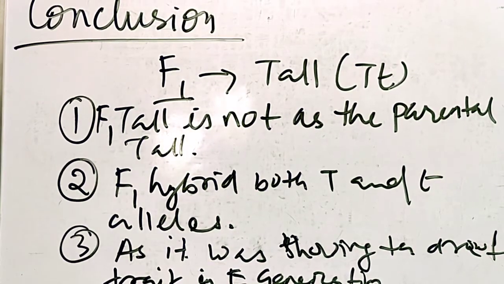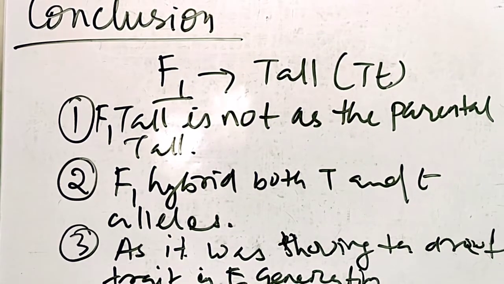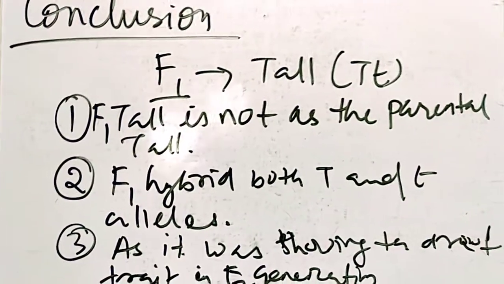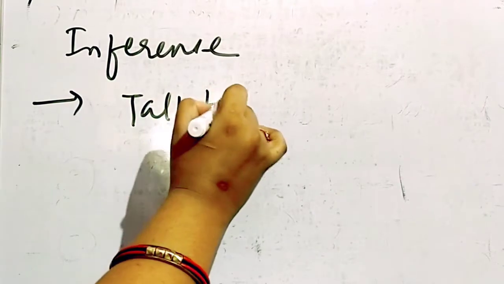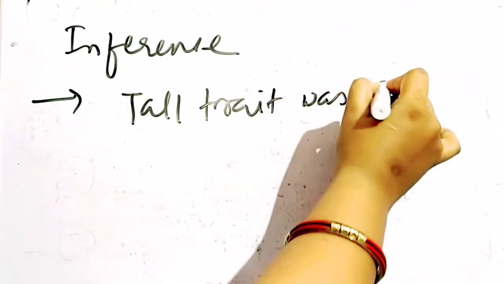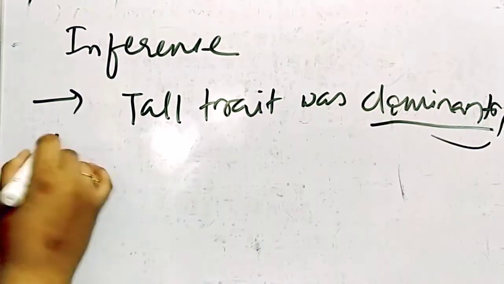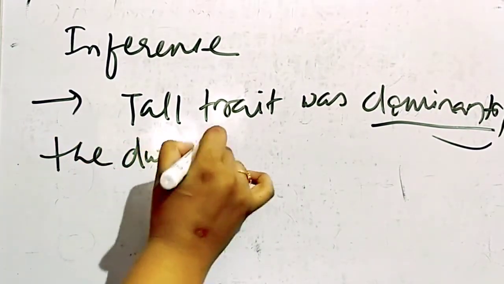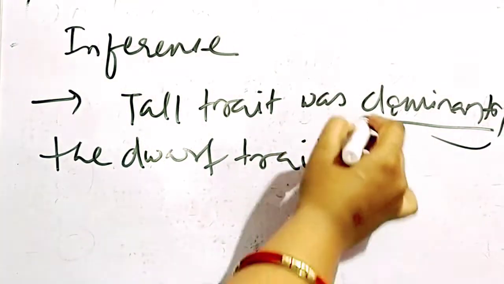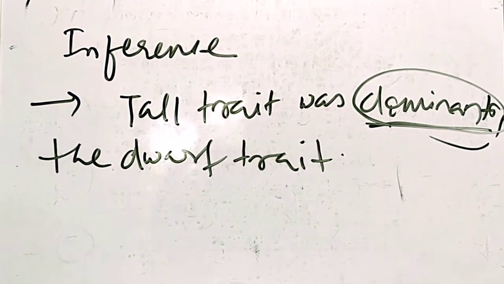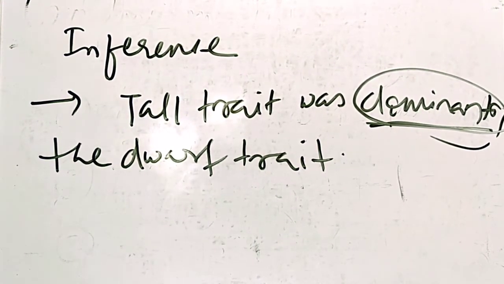After this, Mendel drew an inference from these observations and conclusions. The inference was that the tall trait was dominating the dwarf trait, hence only the tall trait was seen in the F1 generation.